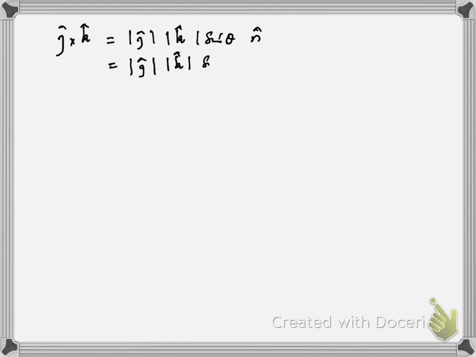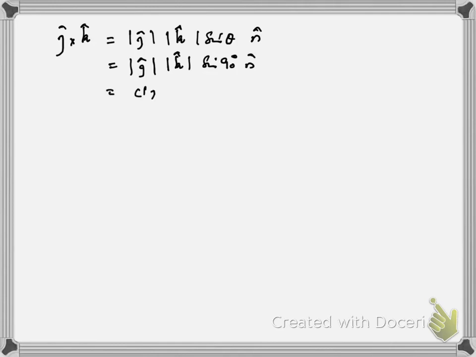Now come to J cross K. J cross K is equal to magnitude of J into magnitude of K into sine theta n cap. Again, angle between J and K is the same as angle between Y and Z. So it is equal to 90, and sine 90 is equal to 1.